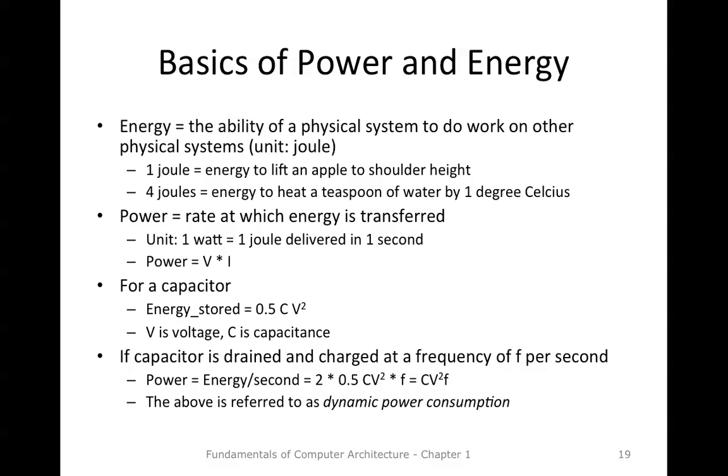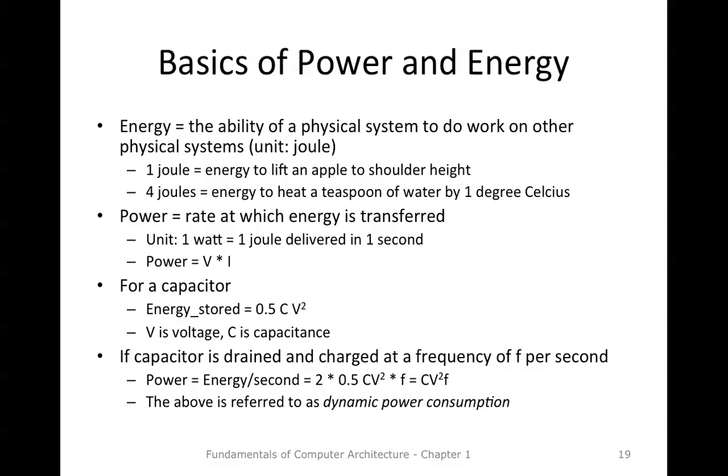In the context of electronic devices, power can be obtained by multiplying voltage with current. For a capacitor, the energy that can be stored is 0.5 times capacitance C times voltage squared. If the capacitor is drained and charged at the frequency of F per second, then the power that is consumed is the following.